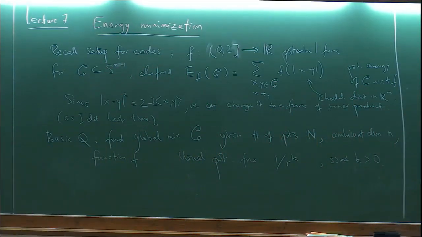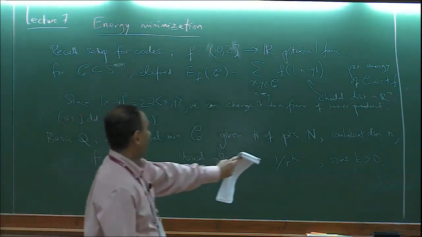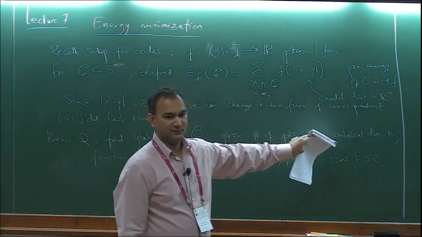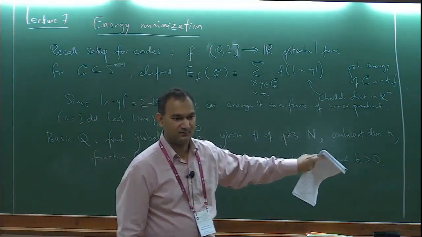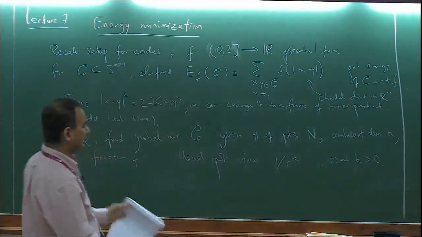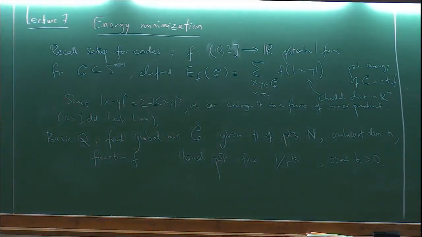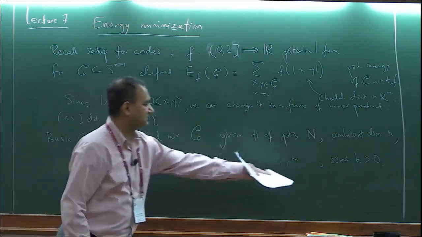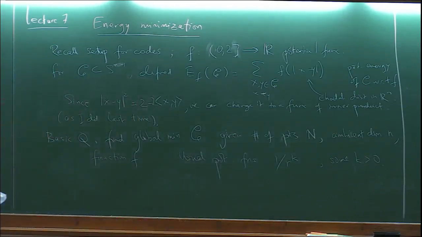It involves 1 over r to the 6th and 1 over r to the 12th with 1 positive and 1 negative coefficient. Anyhow, normally we will just consider pure repulsive functions, which look like this.